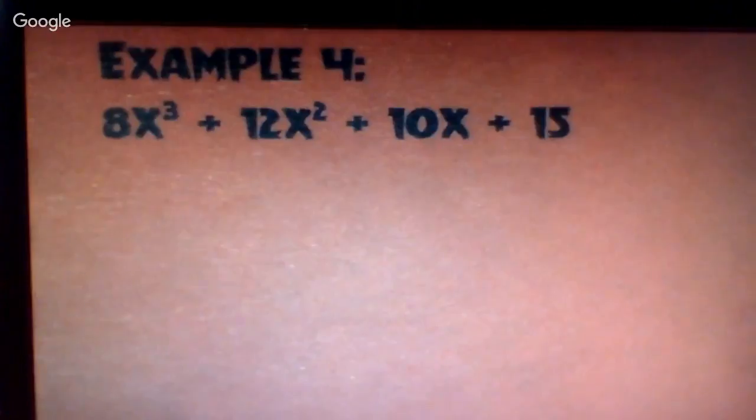So 2, 4, 2, 3. Fantastic, my friend. Glue it in on page 49. That one kind of looked like a 1 at the bottom there.